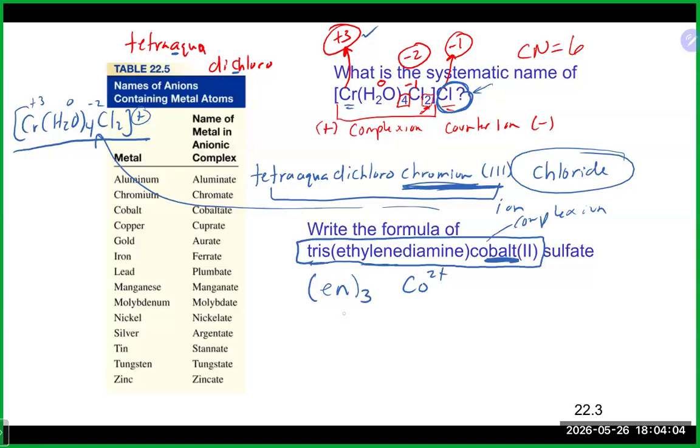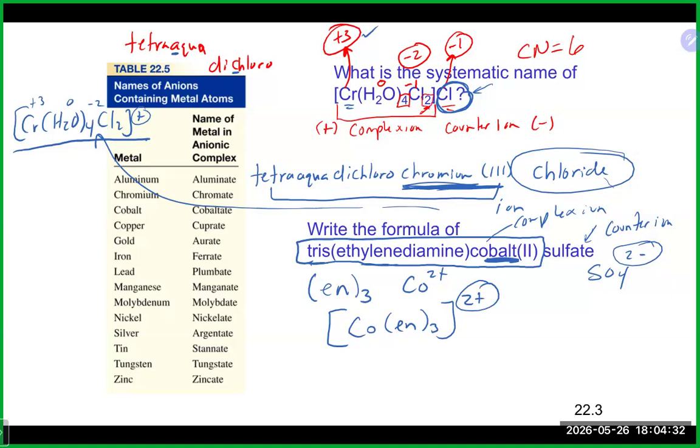So I can actually build my little complex ion here. I got me a cobalt, I got me en and 3 of them. And since the en is 0 and neutral, the entire charge on this guy is going to be a +2 from the cobalt in this case. That's really important to know because here, this is my counter ion, and my counter ion is sulfate, which has a -2 charge.